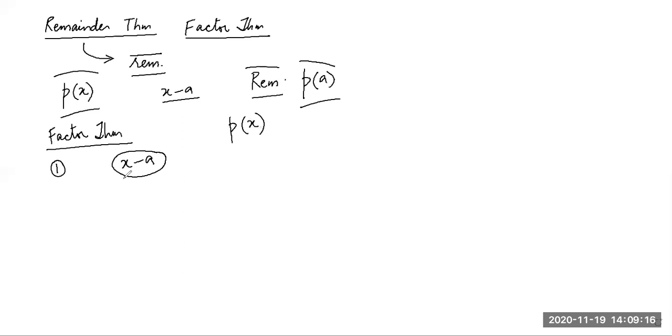How? x minus a will be a factor of the given polynomial p of x, can any student tell? If the remainder, that is p of a, is equal to 0.